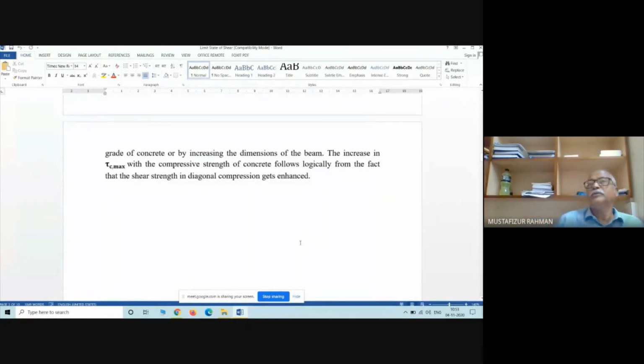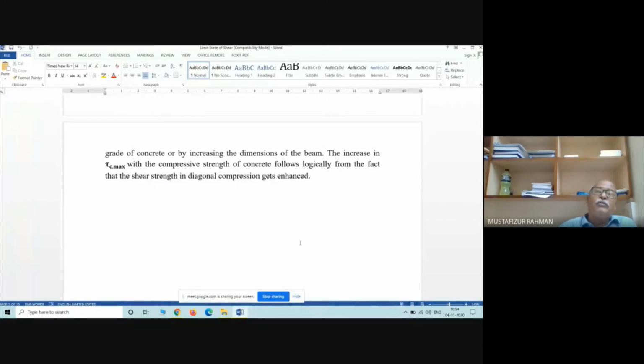So, very simple. You will get it in IS 456, whatever I am now quoting. Now, VU is known to us. So, we will find out tau V, which is VU divided by b into d.